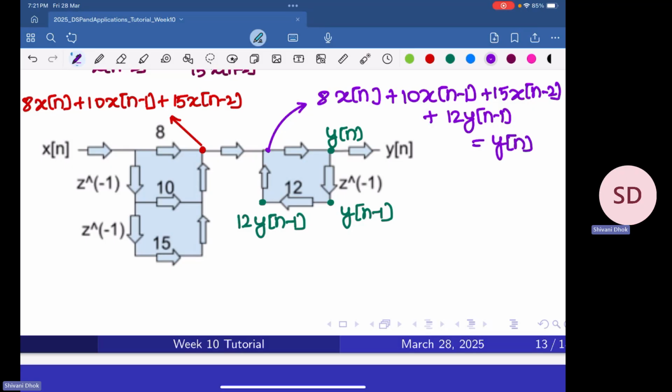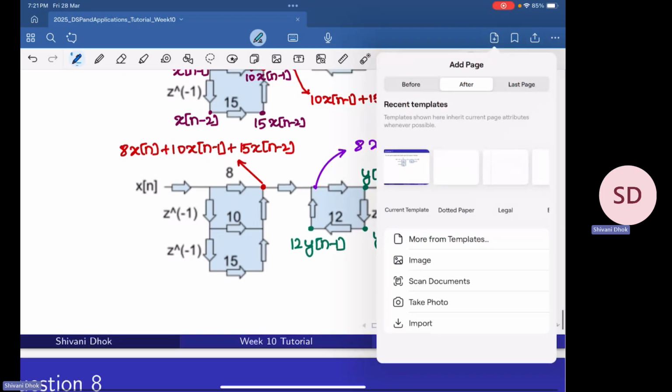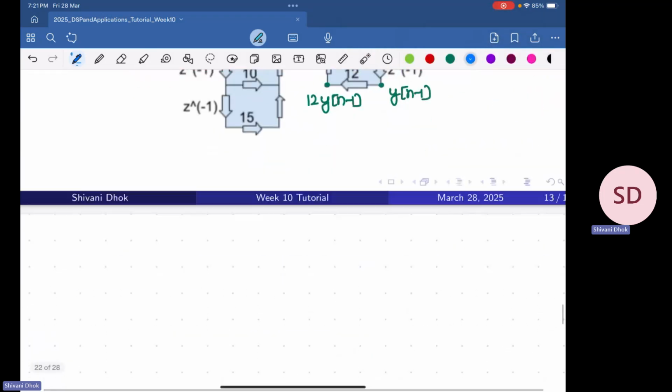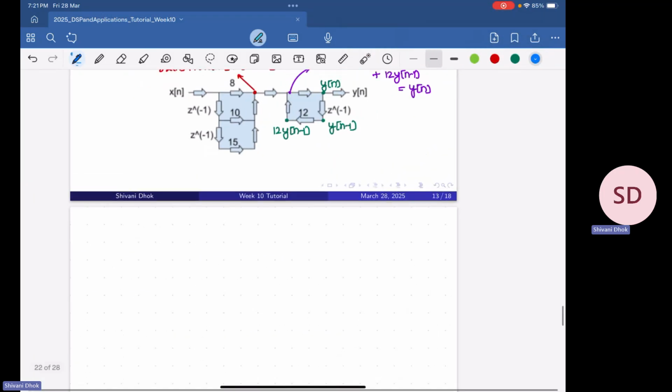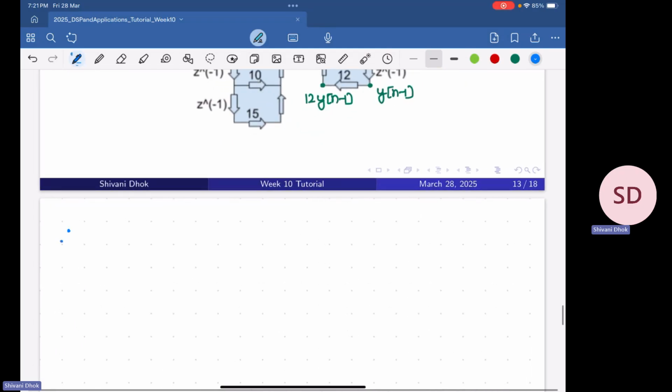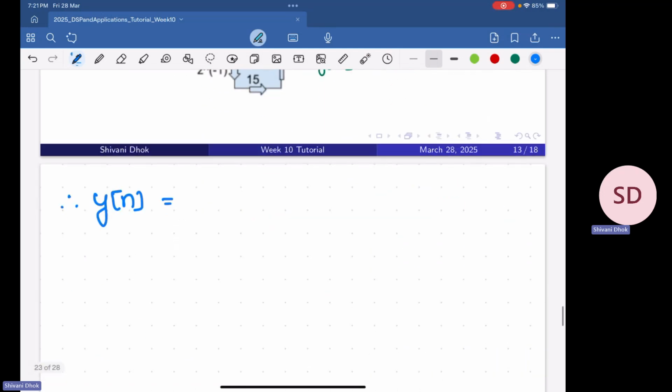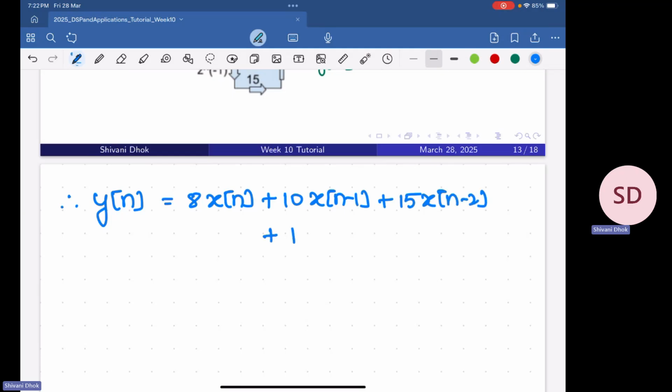So therefore, we got y of n equal to 8 times x of n plus 10 times x of n minus 1 plus 15 times x of n minus 2 plus 12 times y of n minus 1. So this is the difference equation that we have got.